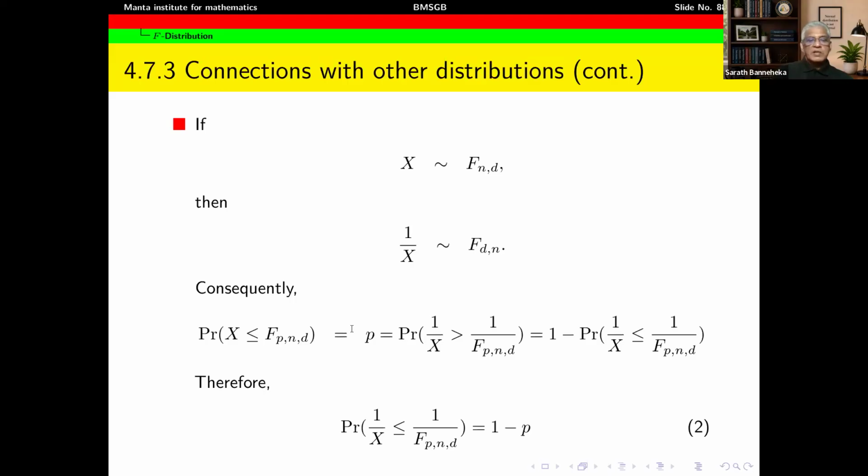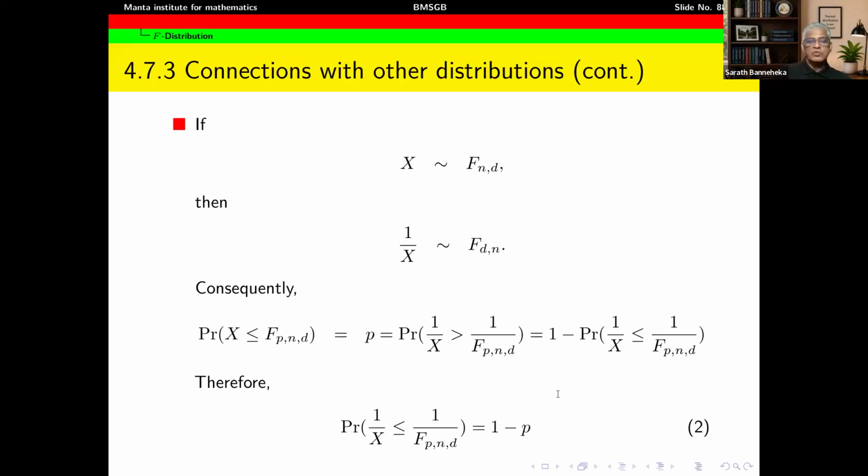Right. But now this is equal to P. I can write down the same probability statement equivalently like this. That is the same as the probability 1 over X greater than 1 over this quantity. But this is equal to 1 minus the probability 1 over X less than or equal to this quantity. Right. So therefore, from this one, we can get probability 1 over X less than or equal to this quantity is equal to 1 minus P.